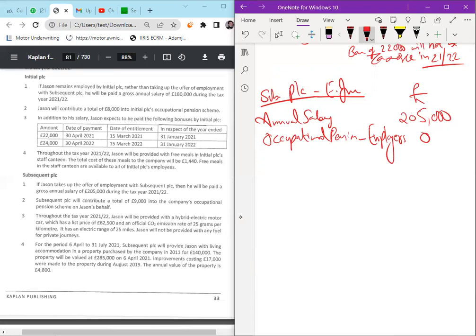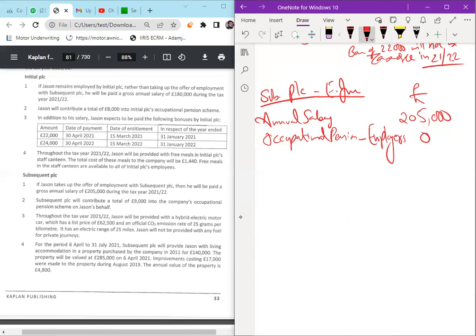Sir, you told us occupational pension is an allowed expense. Yes, I did so. Occupational pension is an allowed expense if it is paid by the employee himself. But if occupational pension is contributed by the employer, it's not your expense. It's a benefit and it's an exempt benefit as per our handouts.